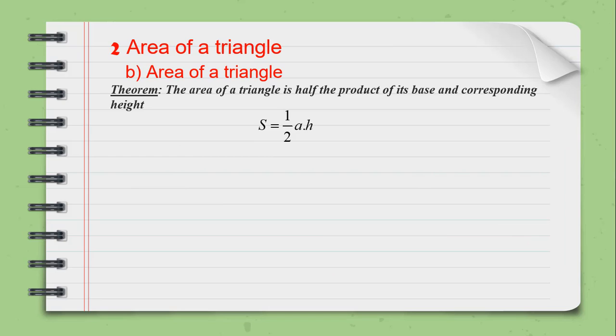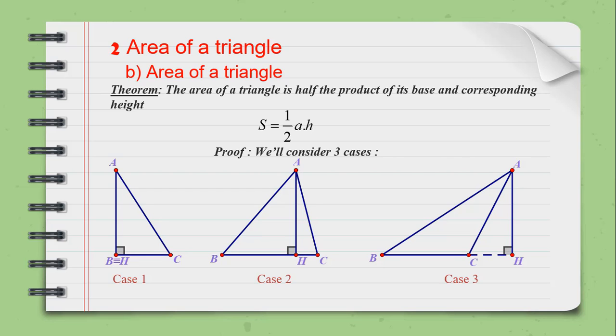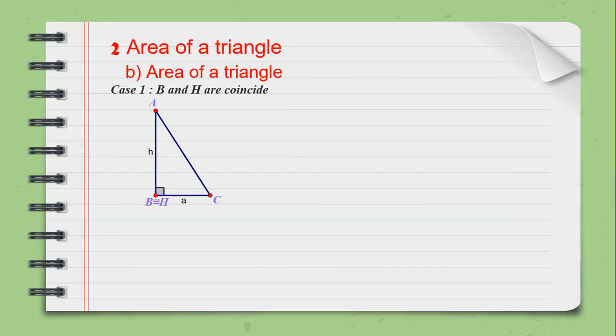Now we have our general formula theorem. The area of a triangle is half the product of its base and its corresponding height. S equals 1/2 of A times H. Now to prove this, we'll consider three cases. Case number 1. B and H coincide.